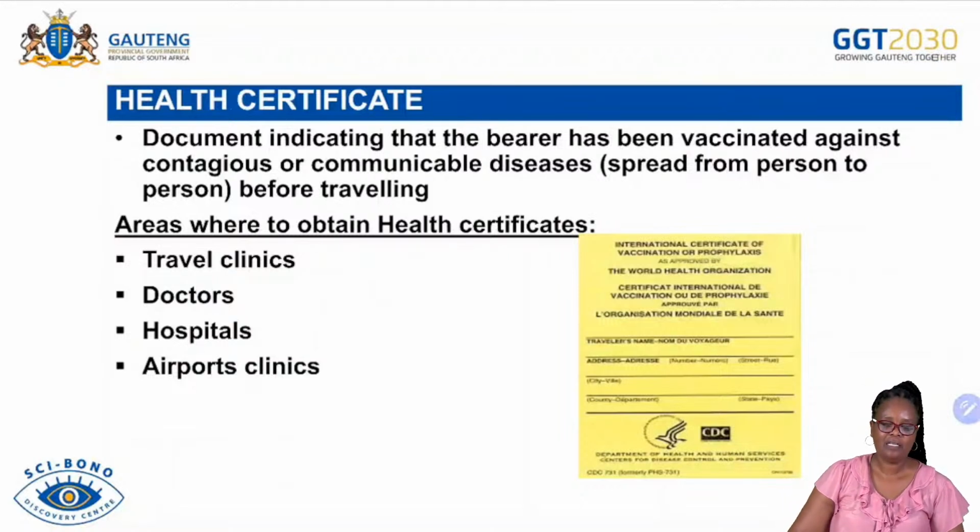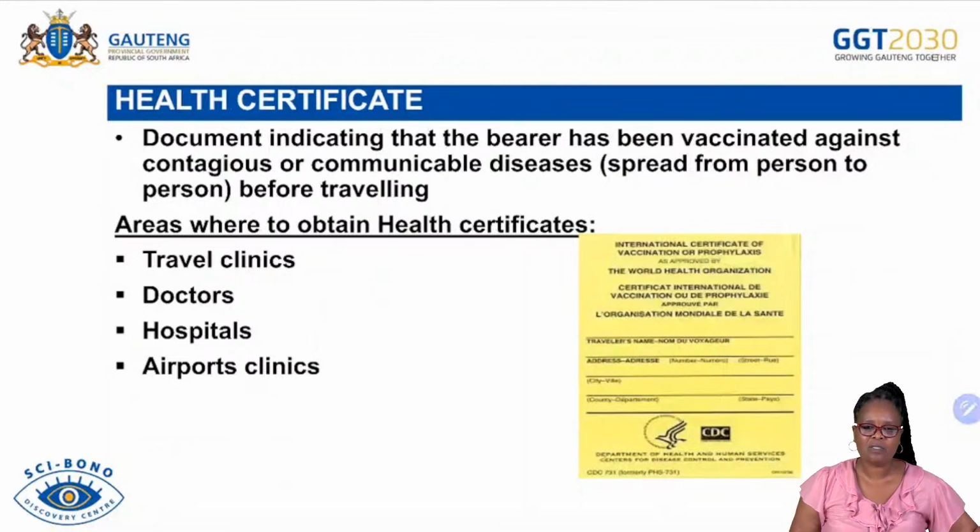We know that the increased movement of people, from one country to another, adds to increased risk of the spread of these diseases. So by requiring that travelers produce a health certificate, the aim is to minimize the risk of spreading these contagious diseases.